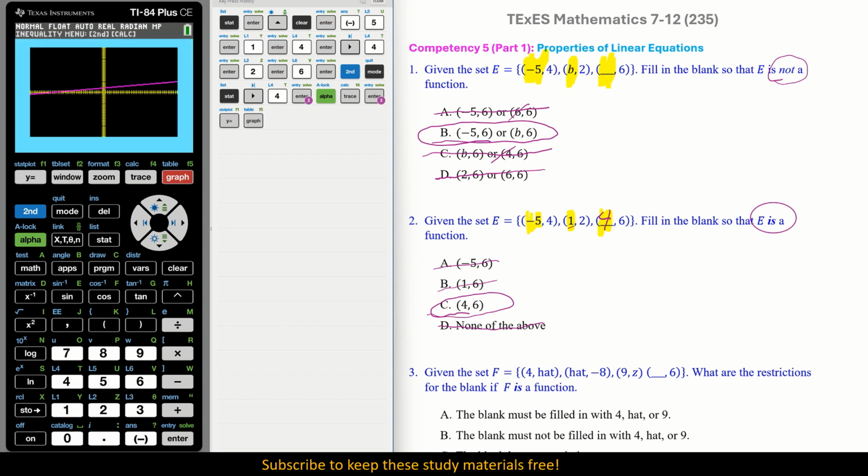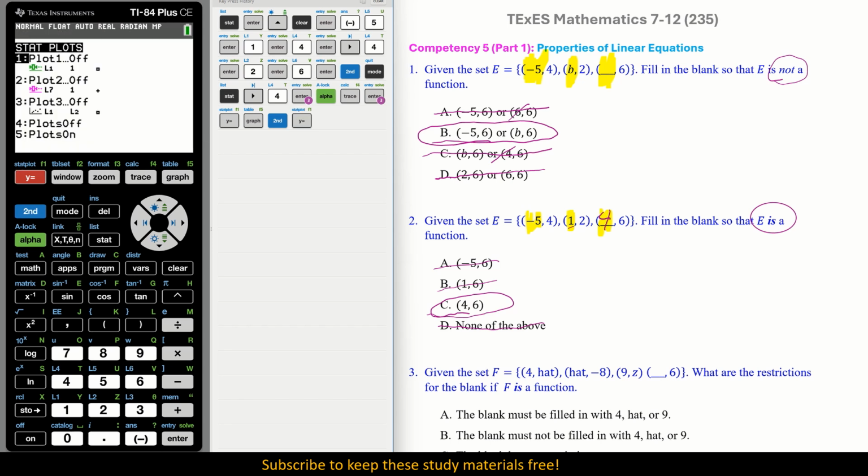Let's graph it. It made a line of some kind. Well, let's try this. Let's go second up, and let's turn it into a scatter plot. See how number 1's highlighted? Push enter, and see how it's flashing on.